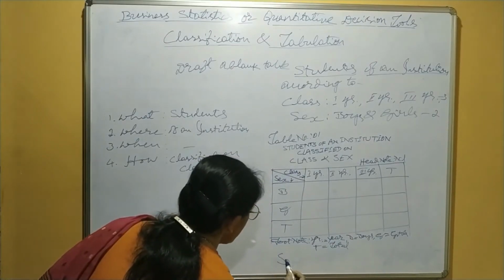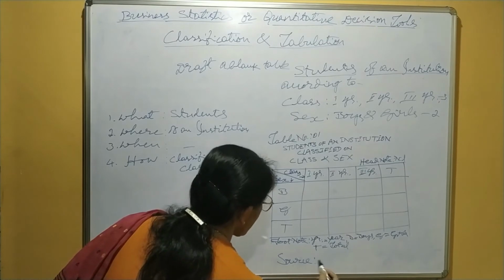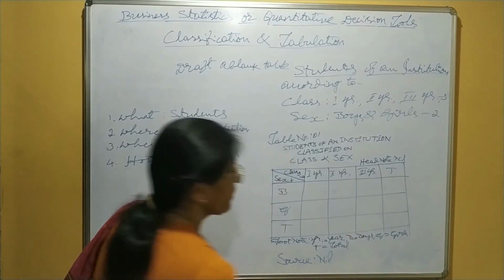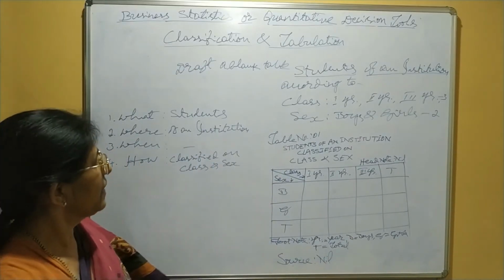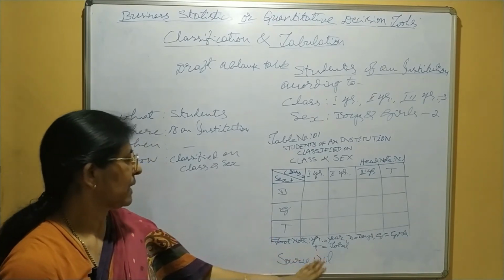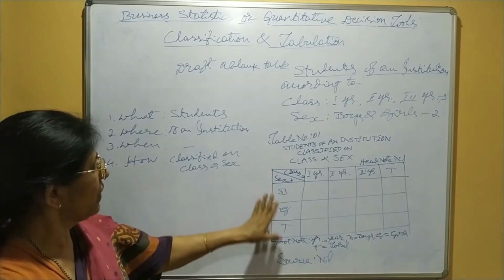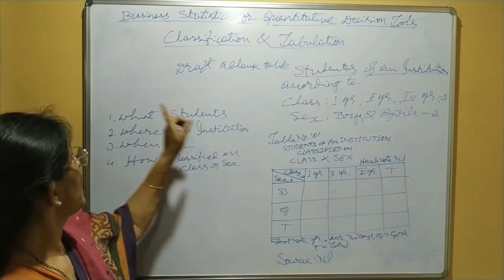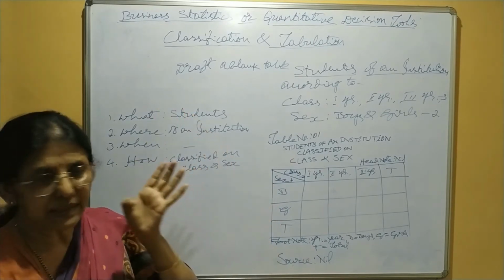And I have told you, in case of a blank table, there will not be any source. Source is nil. But even though it is nil, we have to show all the contents of the table as per the rules of table structure.